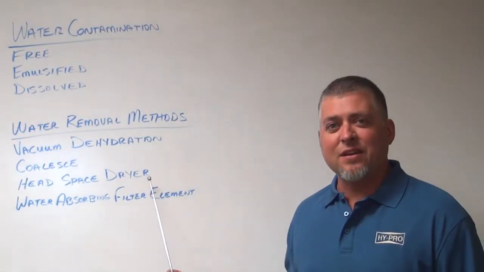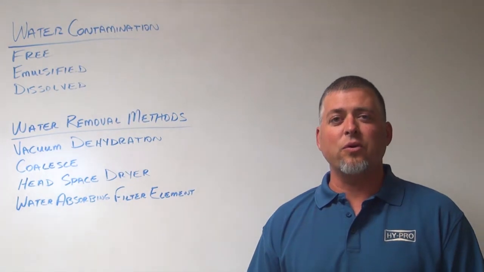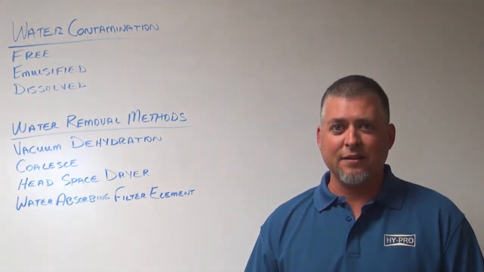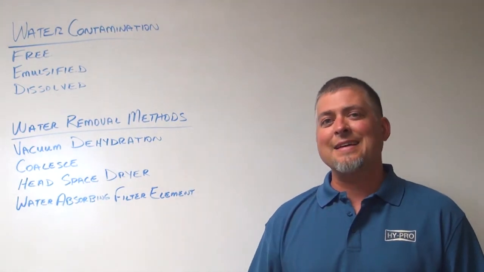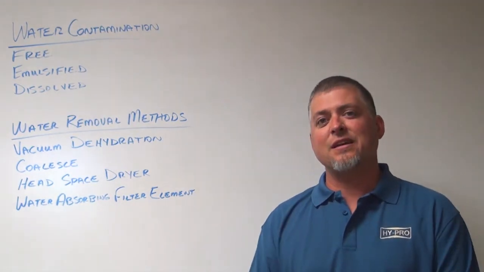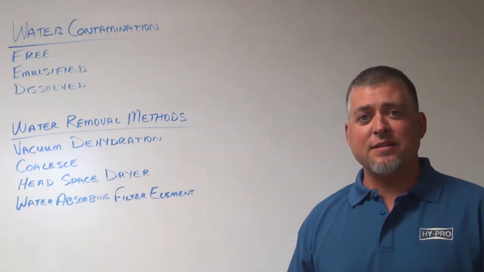The disadvantage of the headspace dryer is it cannot be used in hydraulic systems where oil level changes rapidly. This would render the slow air purge across the top of the headspace ineffective as it draws in wet air from the outside environment.